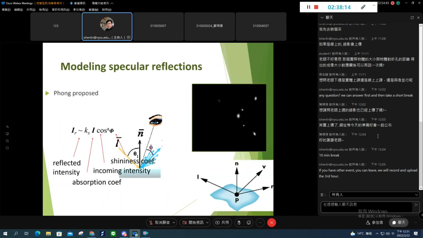So, for instance, given this kind of shape model we have shown you, the specular only occupies those regions. Specular reflection only occurs at those regions. For other regions, there is actually no contribution.